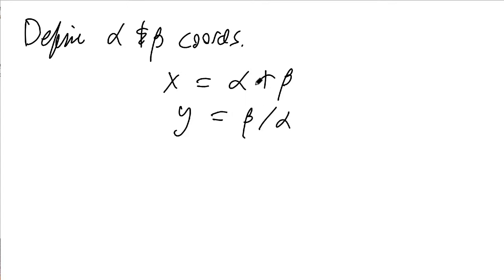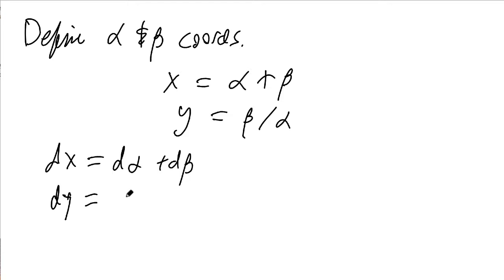Okay, what does the line element look like for the two-dimensional Euclidean plane using alpha and beta as coordinates? Well, we can work it out just like we worked out the line element in polar coordinates. dx is d alpha plus d beta. dy is 1 over alpha d beta minus beta over alpha squared d alpha.